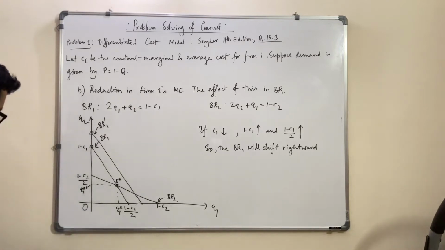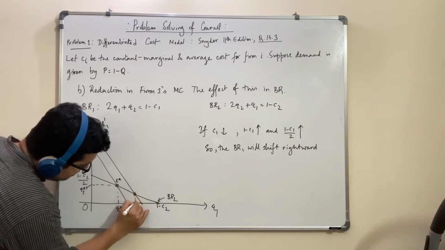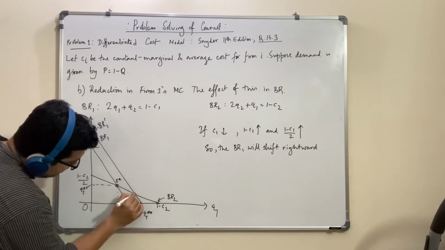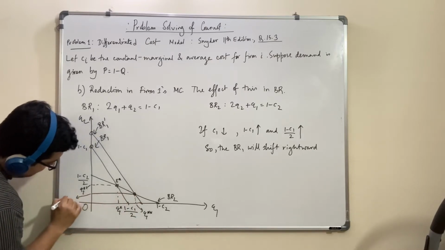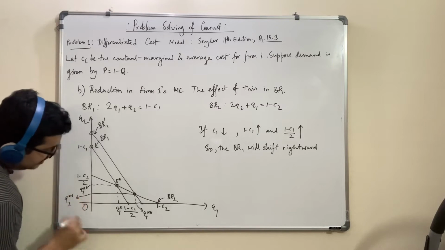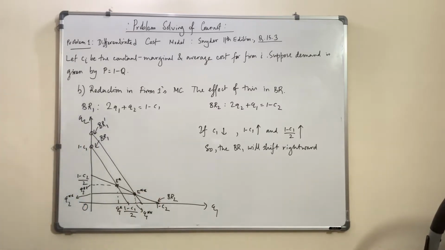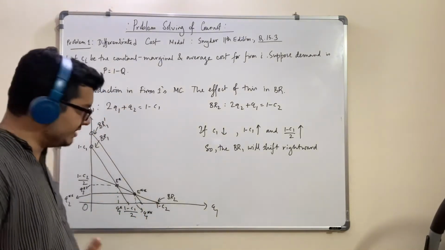Alright. So where is the equilibrium now? The equilibrium now is this my Q1 double star, and this here will be Q2 double star. So E double star. So how does the equilibrium change? Because that is our question.